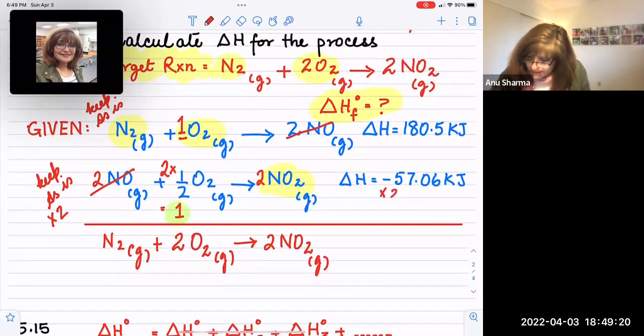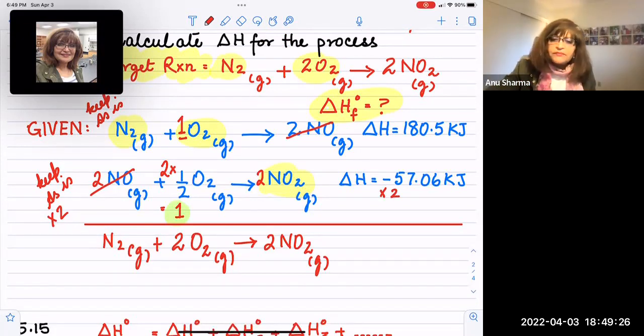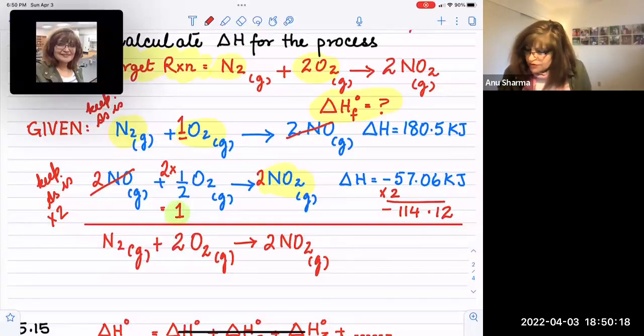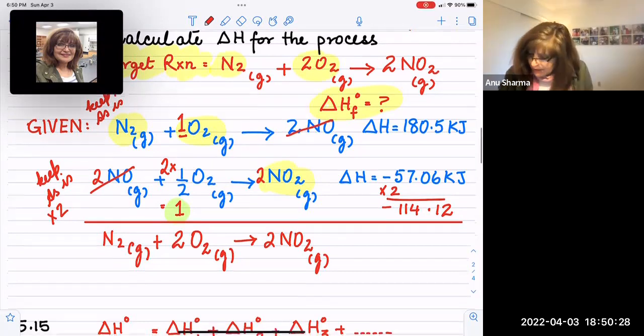Now here's something else. This also will be multiplied by 2 because the rest of it was all multiplied by 2. So 57.06 times 2 is negative 114.12. When you add, minus minus becomes plus, and a plus with a minus gives the sign of the bigger number.